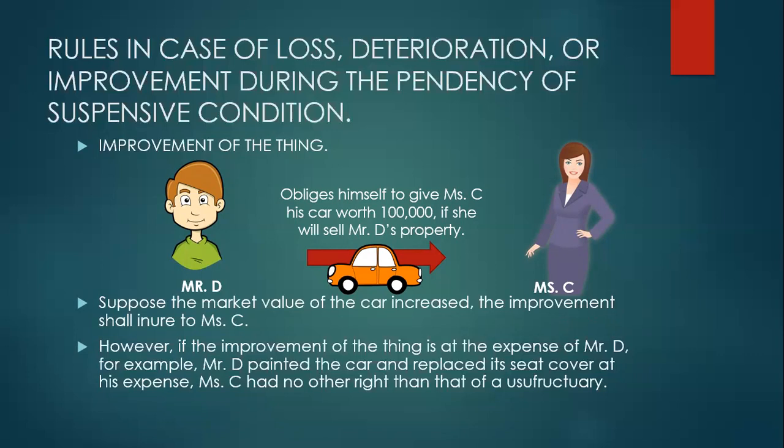So this scenario is different from the first one, because here Mr. D incurred expenses in painting the car and replacing the seat cover. So Miss C here cannot benefit as an owner over the improvement of the thing at the expense of Mr. D. Instead, she will acquire the right of a usufructuary.